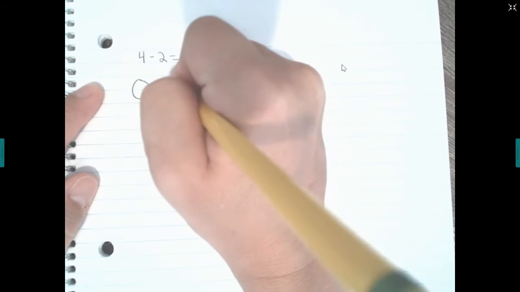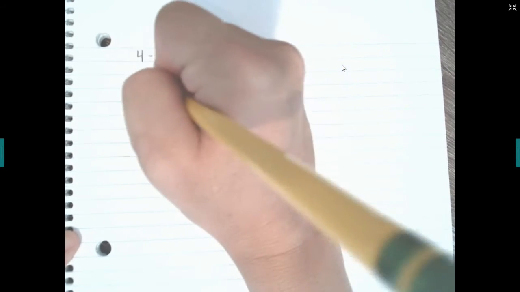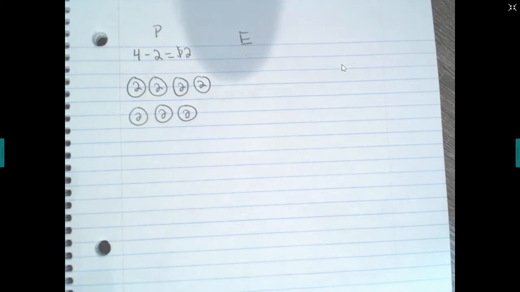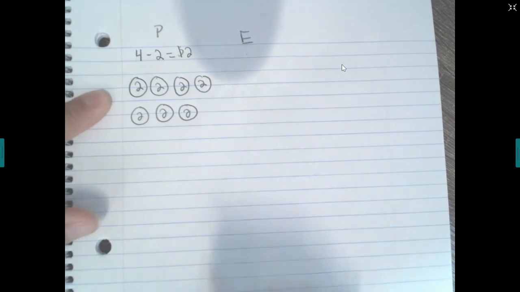So remember, I'm going to do PEA. So he works for 7 days. So each circle represents 7 days. He gets to keep $2 each day. So that's my picture. Now I'm moving on to my equation. How much money is this for $2 and set for 7 days?